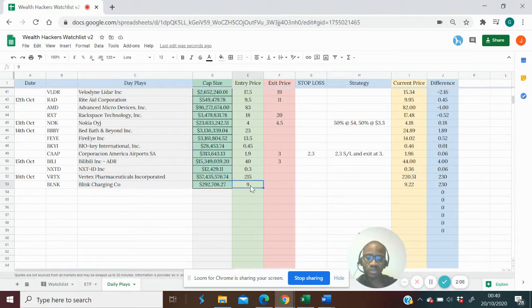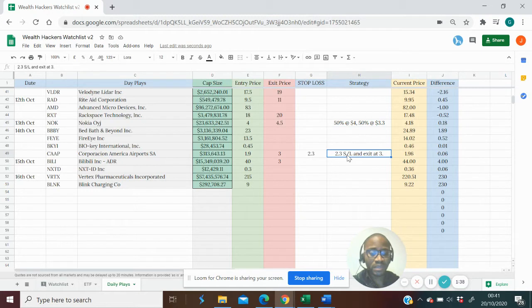We've got the target entry price. Some of them haven't got the target exit price yet, especially if they're long term stocks. We don't really put a target exit price, but most times we tend to do it. We've got the strategy here, and the strategy is, for example, 50% at $4, and then another 50% at $3.3 when the price hits.